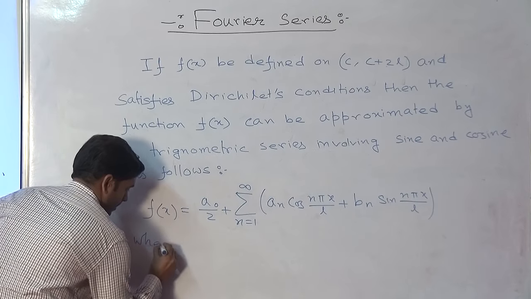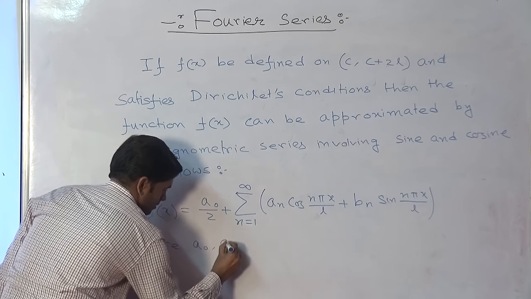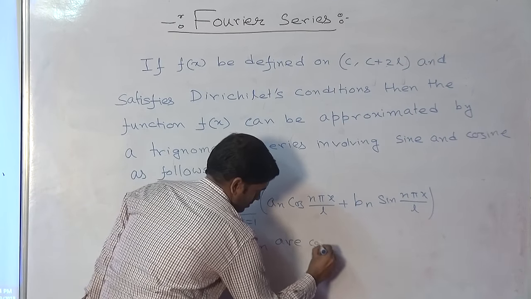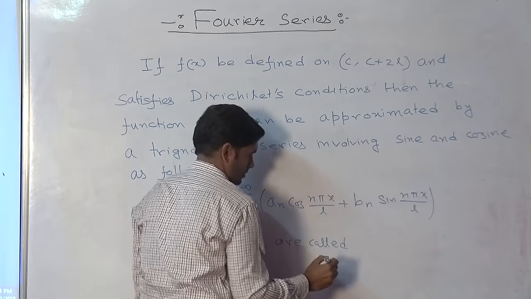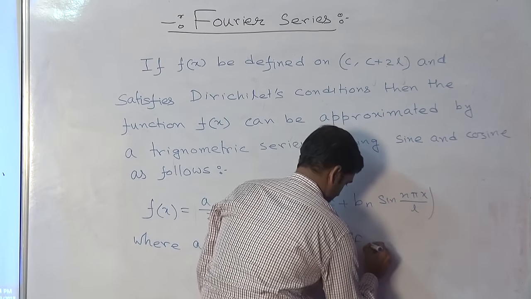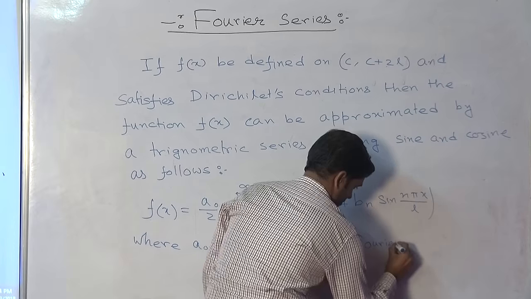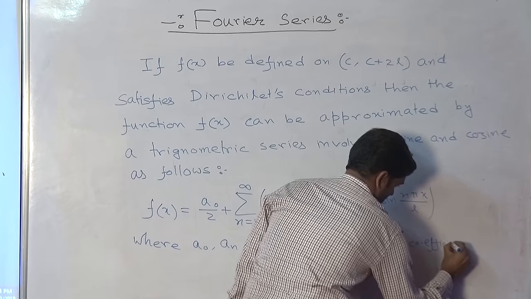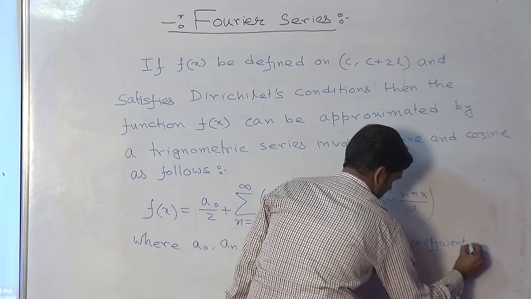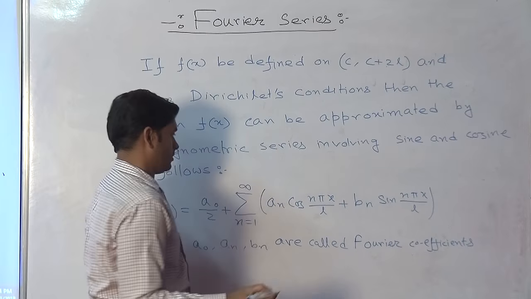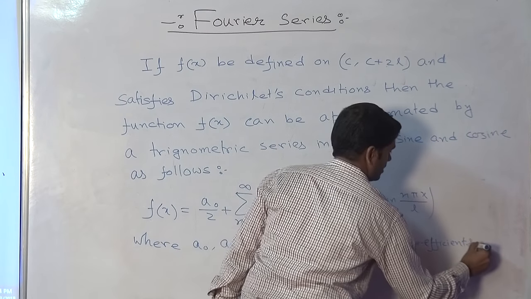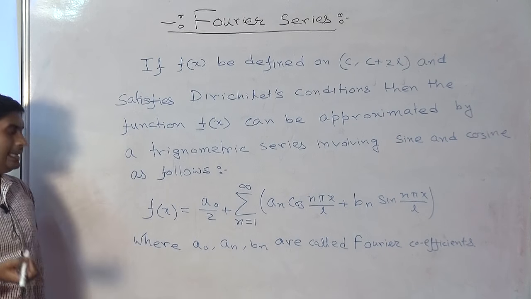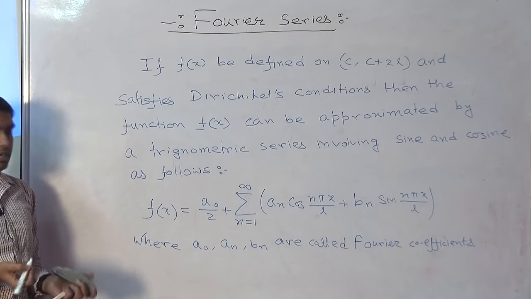where, and this a0, an and bn, how to calculate? I'll write.